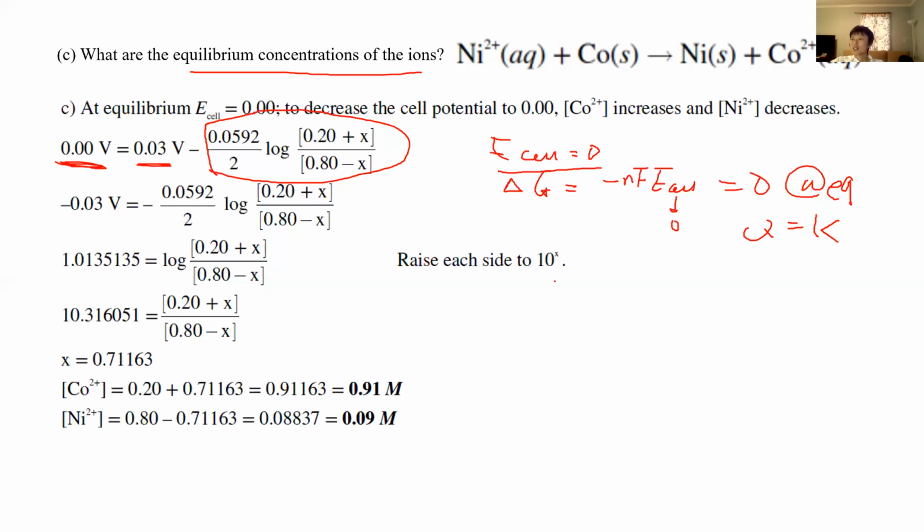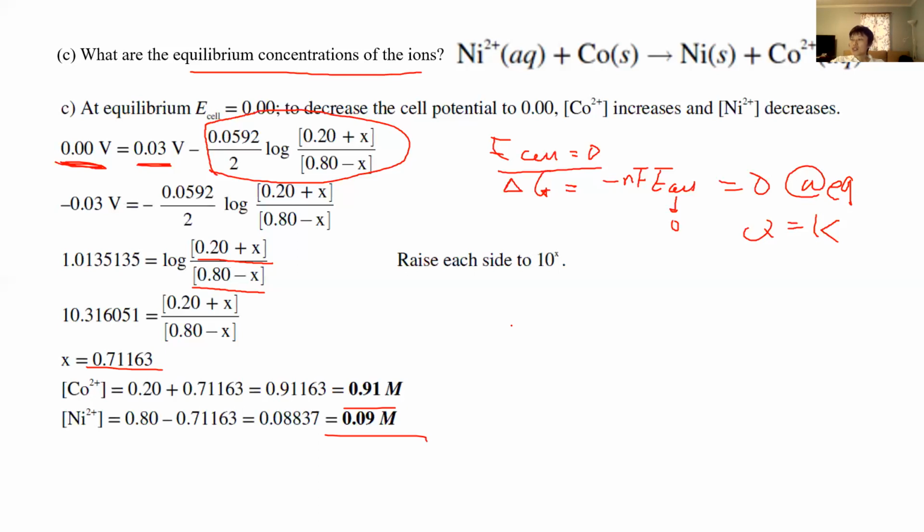In this case, you have the equilibrium concentration of cobalt, 0.2 plus x, equal to 0.8 minus x, and then you solve for x. You take 10 to the exponent on both sides, and you solve for x, and this x equals 0.7, so you can get the equilibrium concentration.